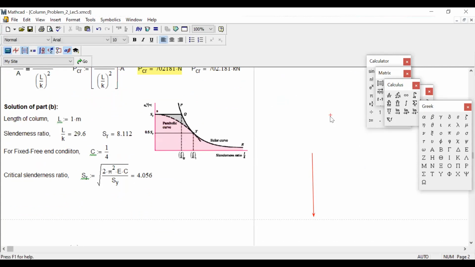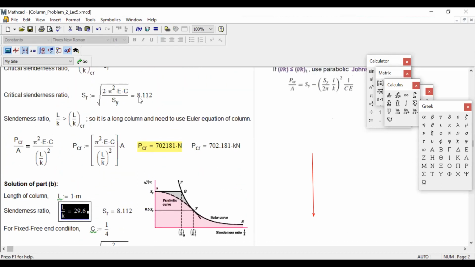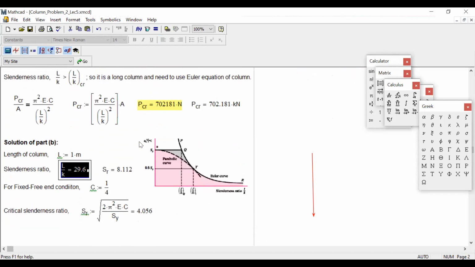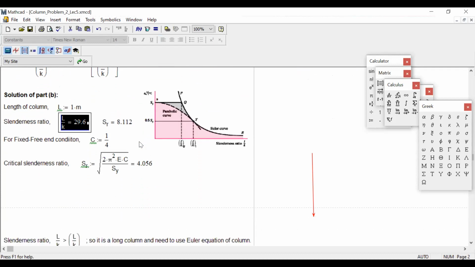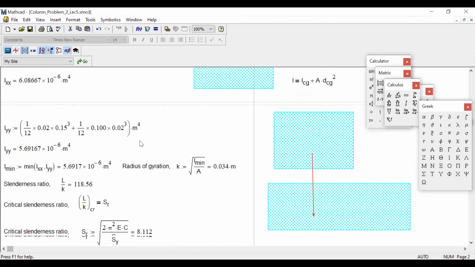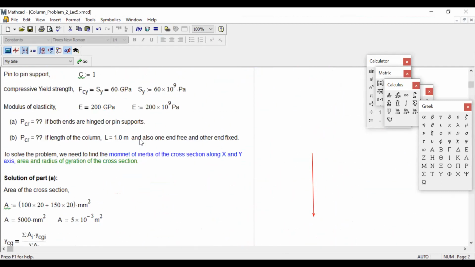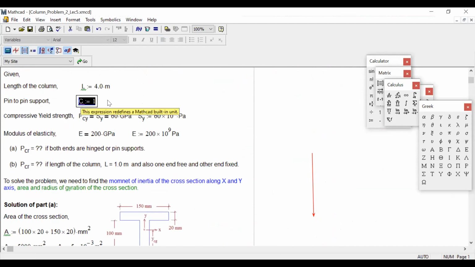So you figure out L by K, you are getting L by K 29, and L by K critical still remains the same. Not the same, a little bit different, because what is our value of C? At the top, both value of C equal to 1, because both end was hinge. So we put C equal to 1.